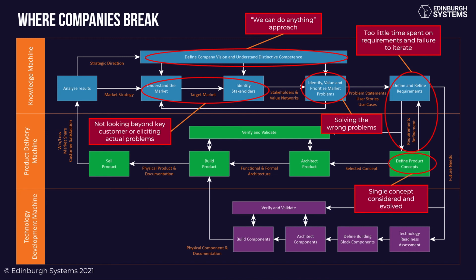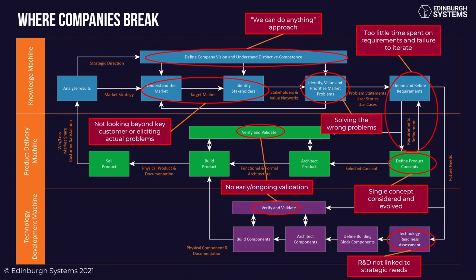This is often the evolution of a single concept rather than considering one or two different potential solutions and trading off the pros and cons of each of them to make the right engineering decisions. They often forget the validation, or they don't validate against requirements, they validate against internal specifications and standards.